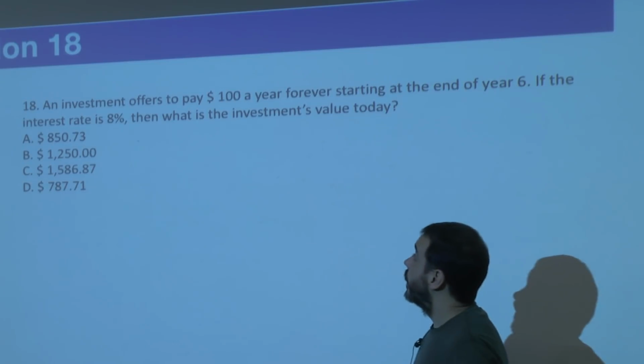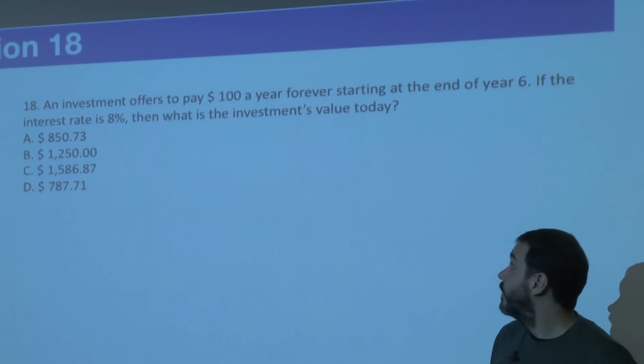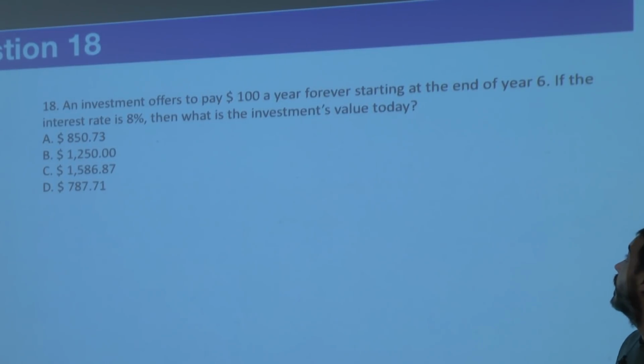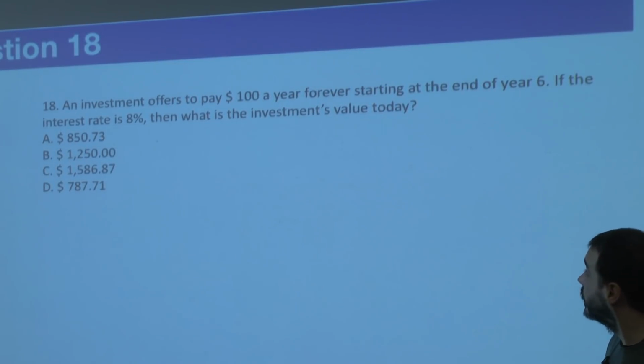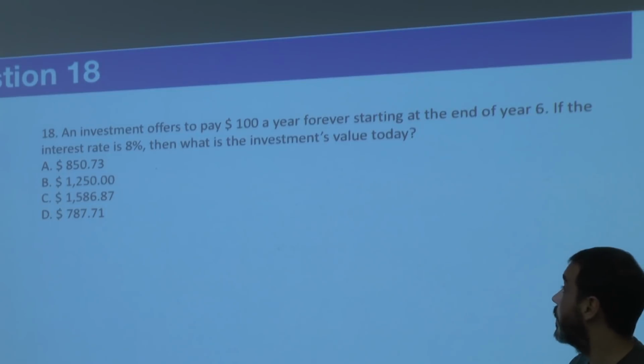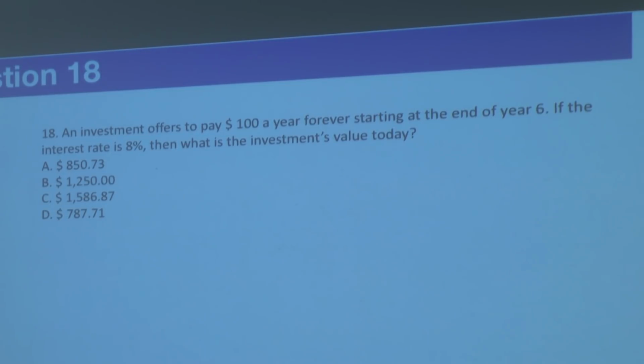An investment offers to pay $100 a year forever, starting at the end of year 6. If the interest rate is 8%, then what is the investment's value today? How do I do this? Very good. So the first step is, this is a perpetuity, right?